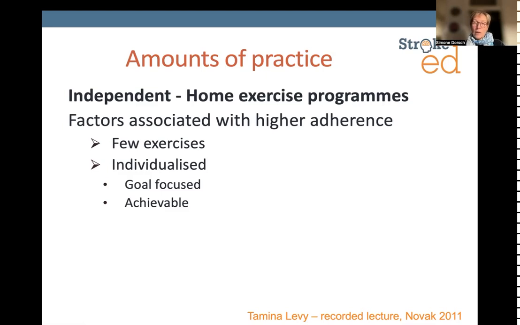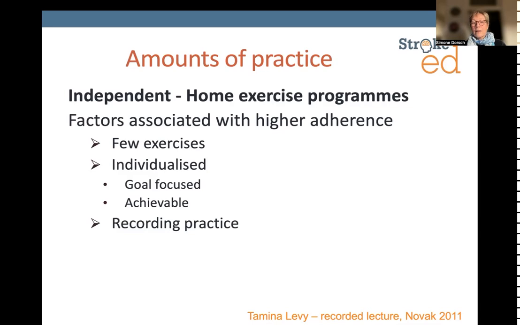She interviewed people about what factors were very influential. One of the things that came out very strongly in that work is that a lot of them found the exercises too difficult, and obviously it was really demotivating for them to be trying to do things that they found too difficult to do. So absolutely make sure that they can set the exercise up and that they can do the exercise.